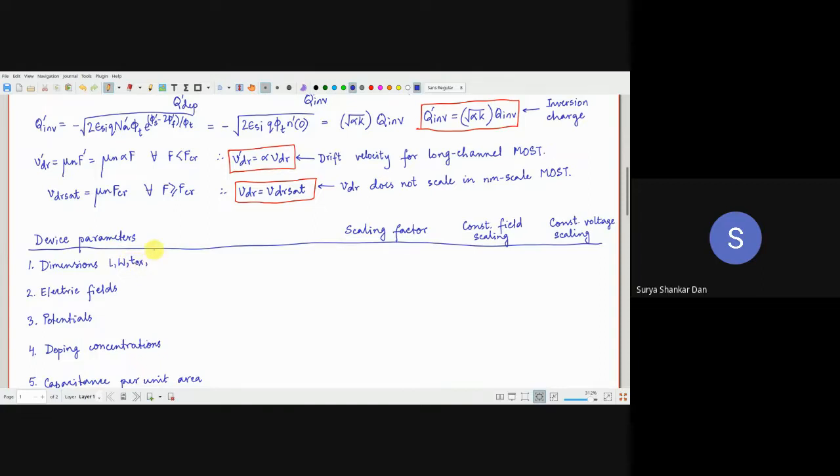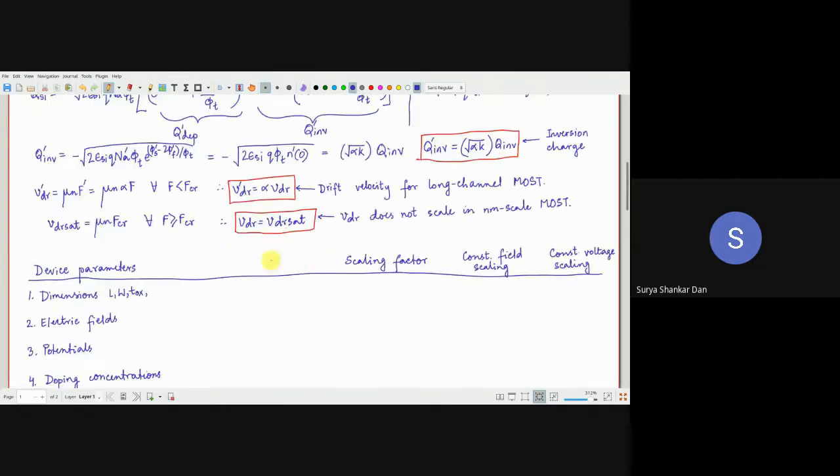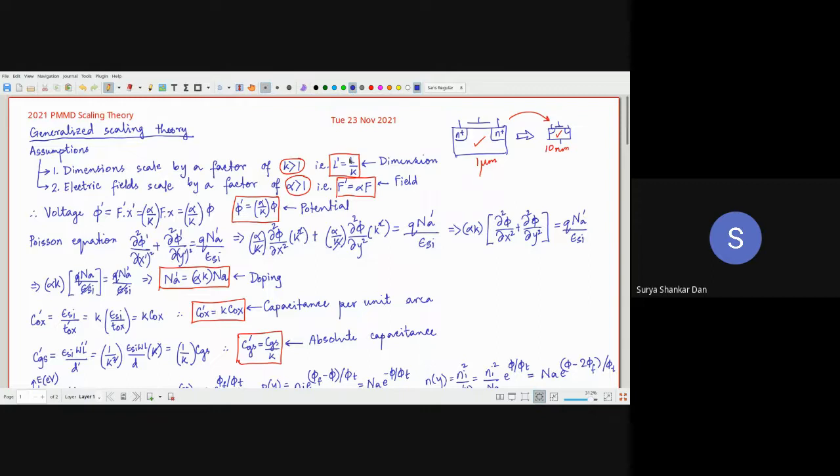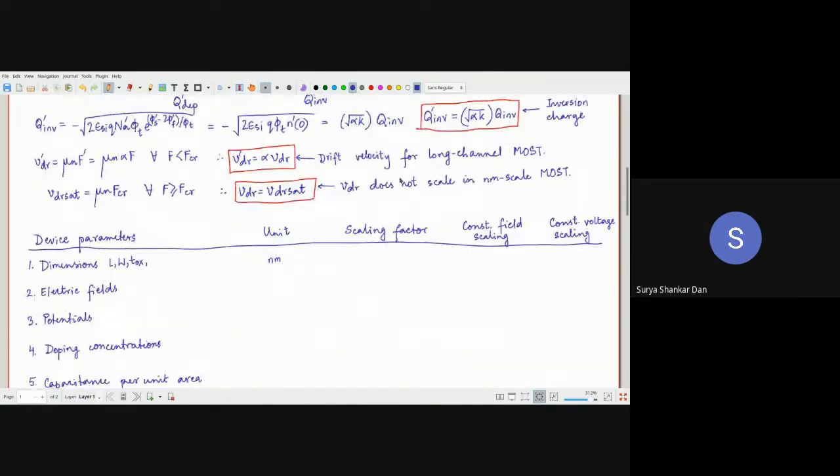Then the unit is nanometers, let us say, usually in the domain of nanometers. So what was the scaling factor? 1 upon K.